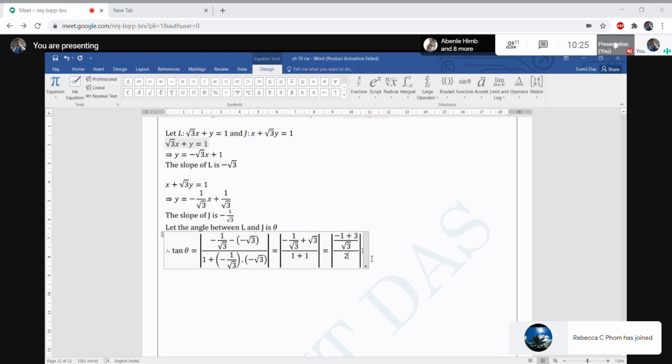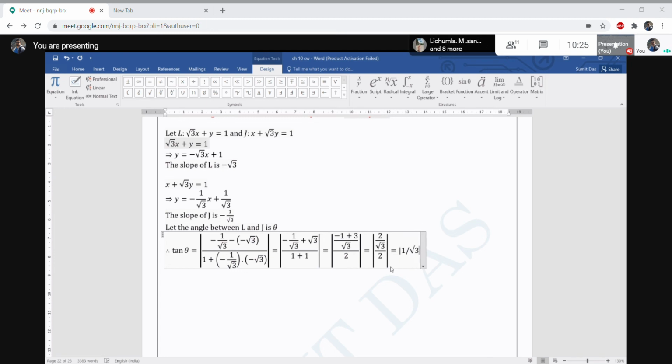If you simplify more, the numerator will be 2 divided by square root of 3 divided by 2. So basically 2 and 2 cancel. It will be equal to modulus of 1 divided by square root of 3.